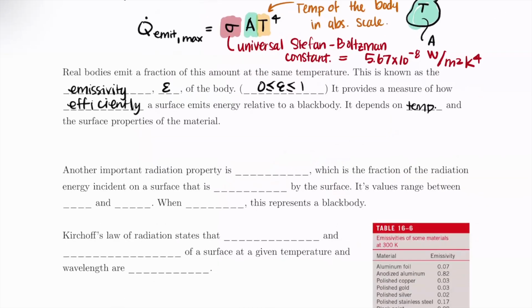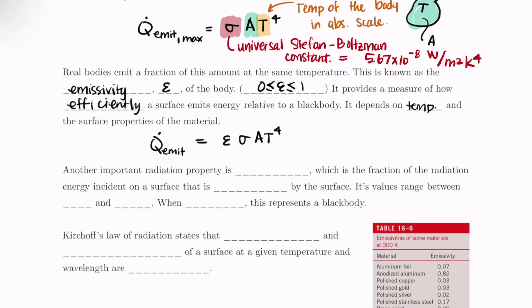Okay, so when we have emissivity for a body, that means that our actual heat transfer due to radiative emissions is equal to what we had before. So it's equal to the black body radiation times this emissivity.